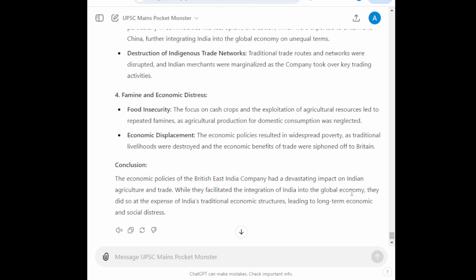Alright, so they say that India's integration with the global economy began with the British, but it was done on unequal terms at the expense of local traditional economic structures that were flourishing till then, leading to long-term economic and social distress. All right, so economic structures were disrupted, social structures were disrupted, so a lot of distress.